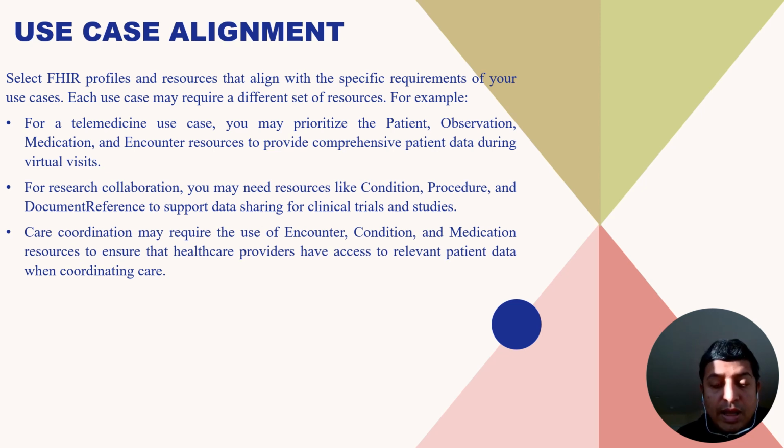For example, in a telemedicine use case, you may prioritize the patient, observation, medication, and encounter resources to provide comprehensive patient data during virtual visits. For research collaboration, you may need resources like conditions, procedures, and document references to support data sharing for clinical trials and studies. Care coordination may require the use of encounter, condition, and medication resources to ensure that healthcare providers have access to relevant patient information when coordinating care.